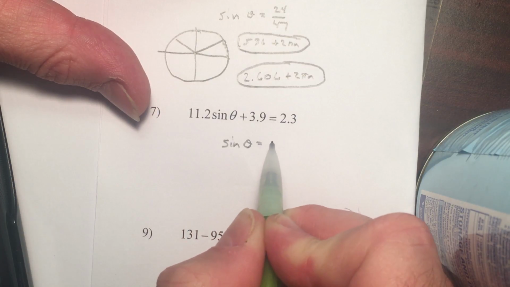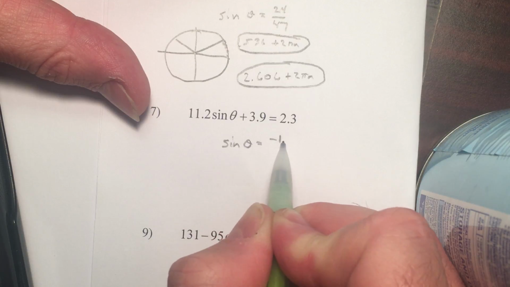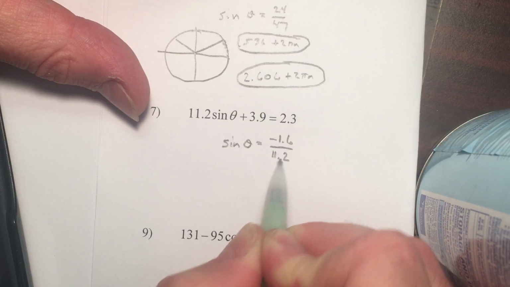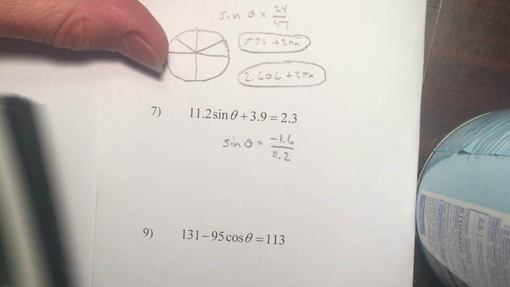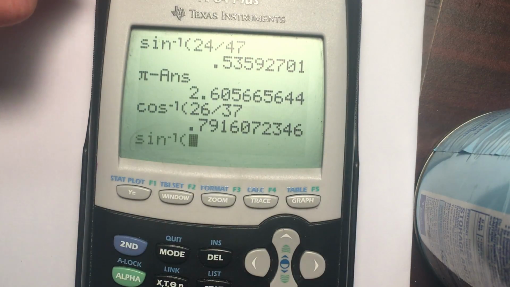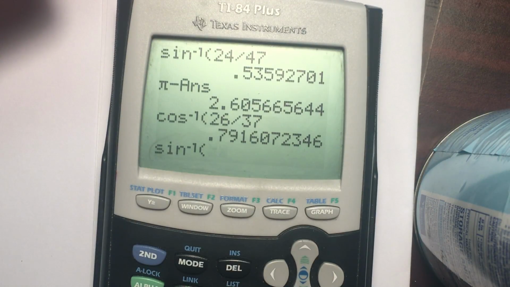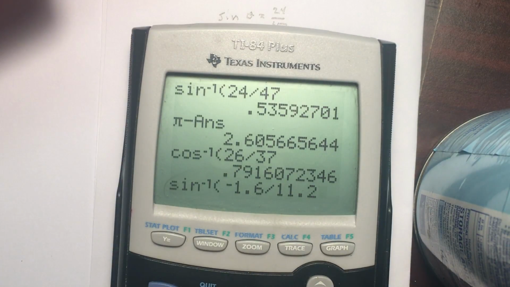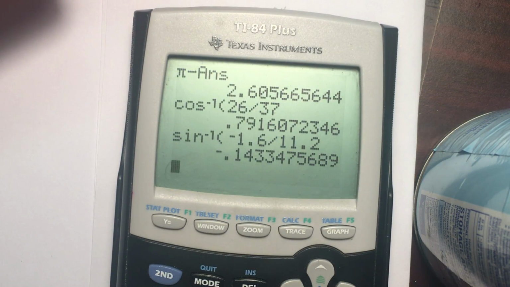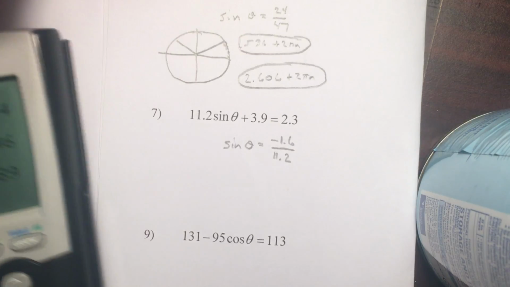Sine, let's see, negative 1.6 over 11.2. Calculator. 1.6, 11.2. Negative 0.143.